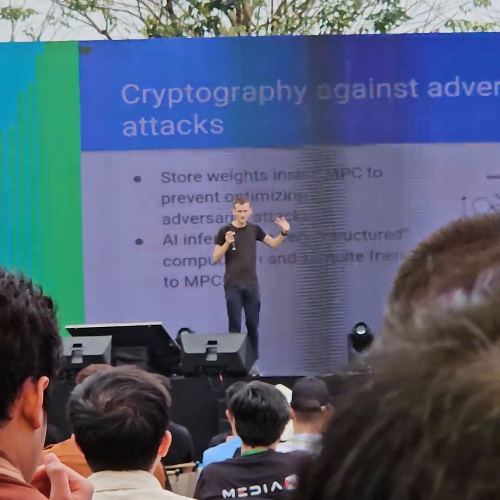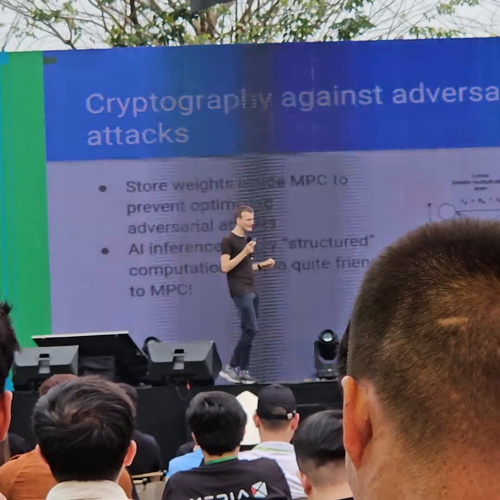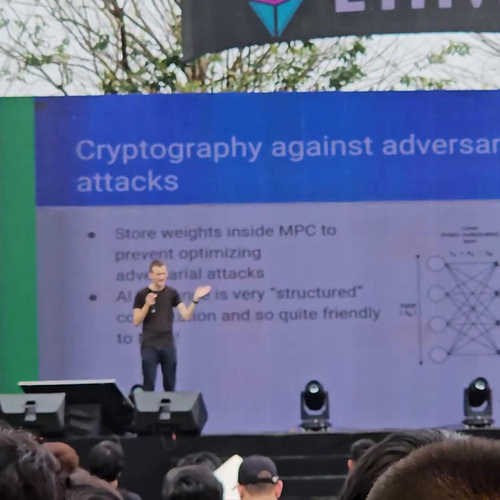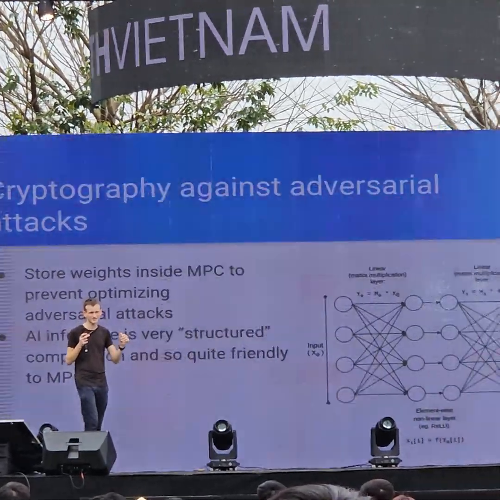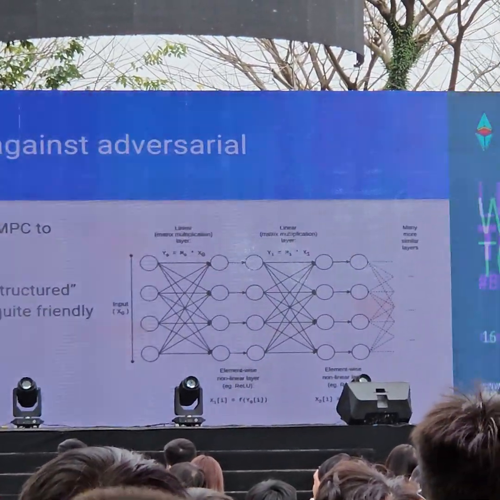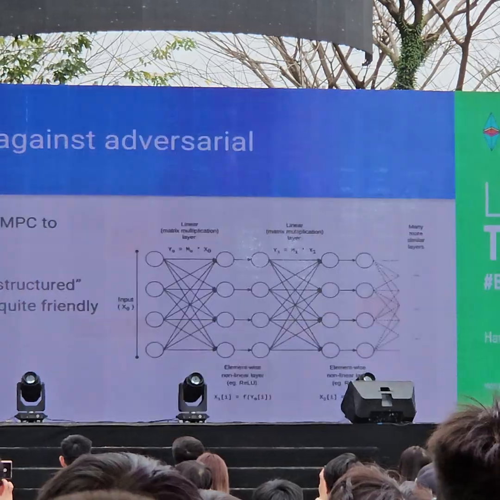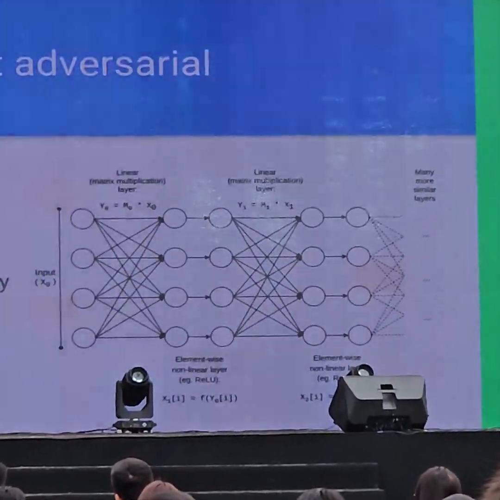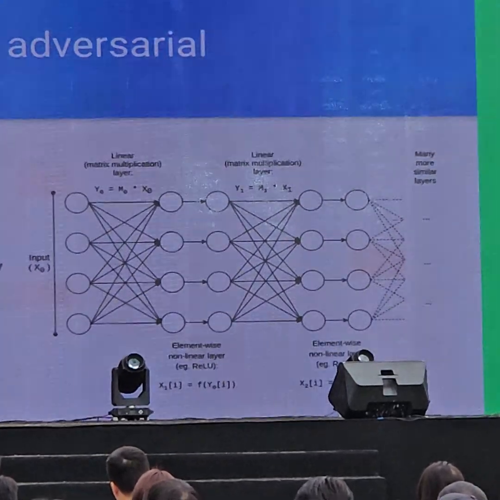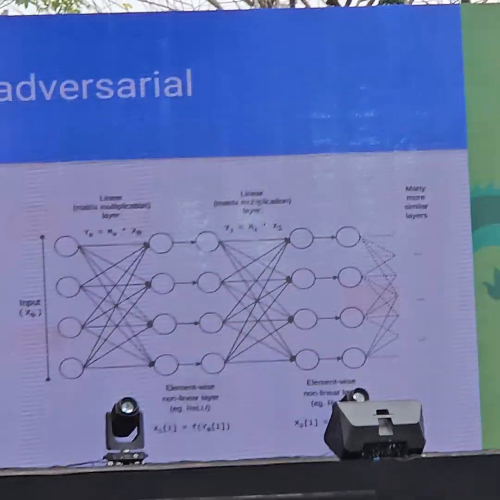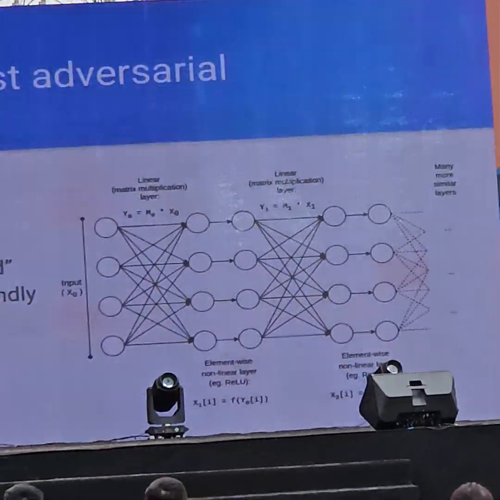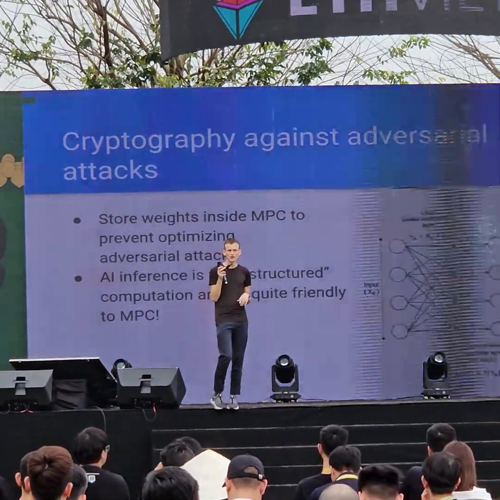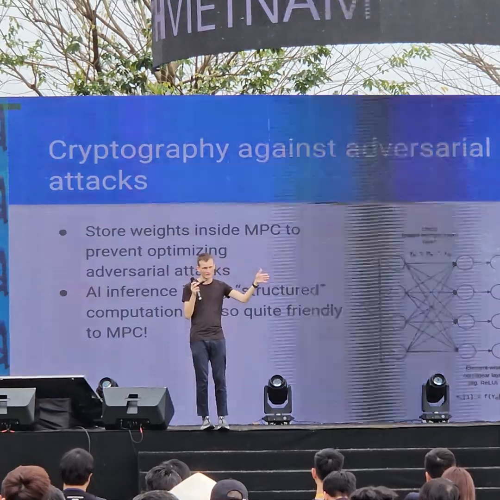So actually we can. This is a diagram that shows the math of what goes on inside of an AI model, right? What I think is interesting about the math is that it's a very specific and very structured kind of computation. So who here has worked with zk-SNARKs before? If you work with zk-SNARKs, you know that they have very high overhead, right?